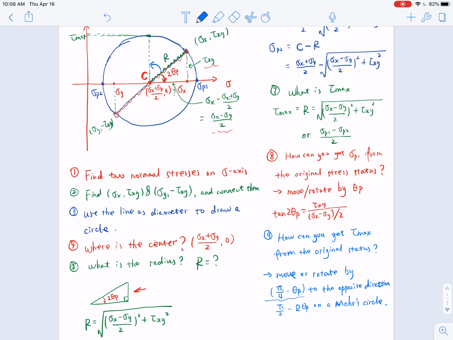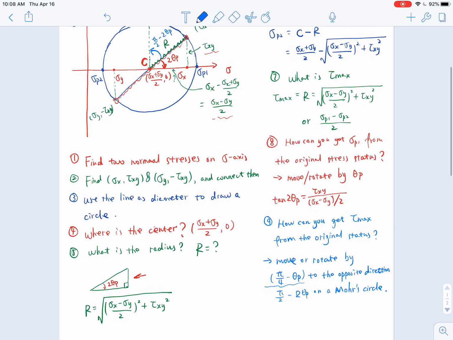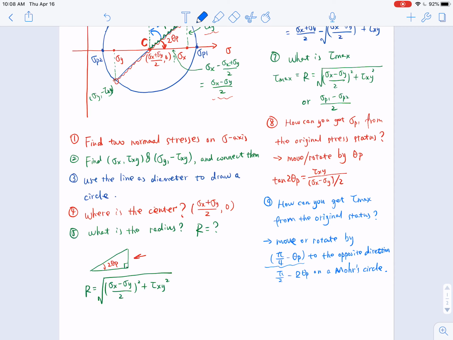Then at this point, sigma equals sigma average, the average value of the two normal stresses at the original state.